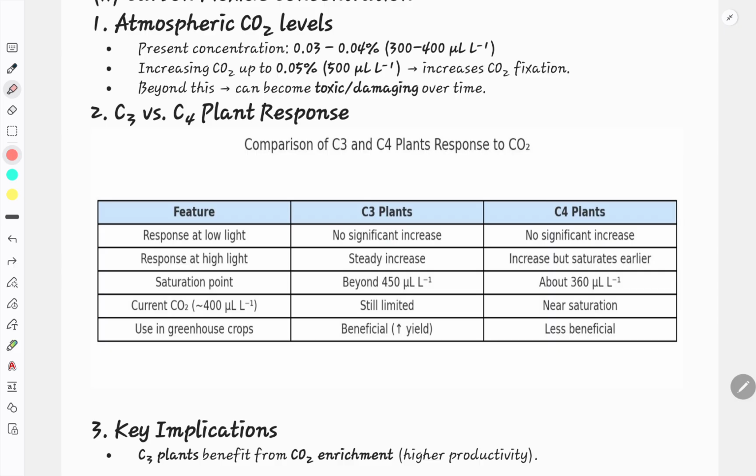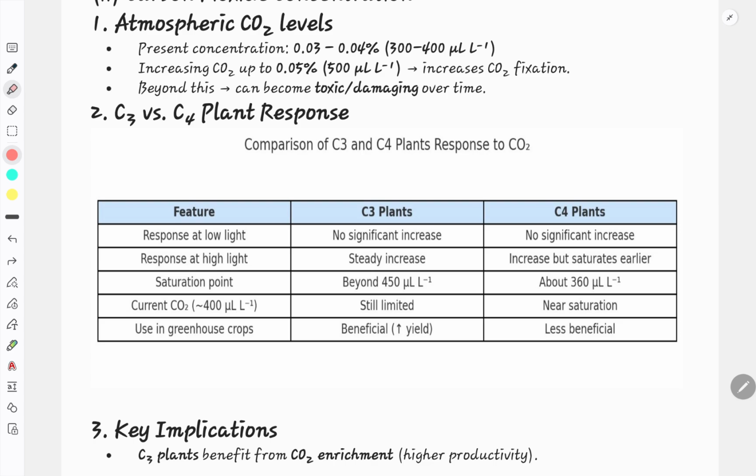As compared to C3, the C4 plant will saturate earlier. The saturation point for the C3 plant is 450 microliter per liter, and for the C4 plant about 360 microliter per liter.